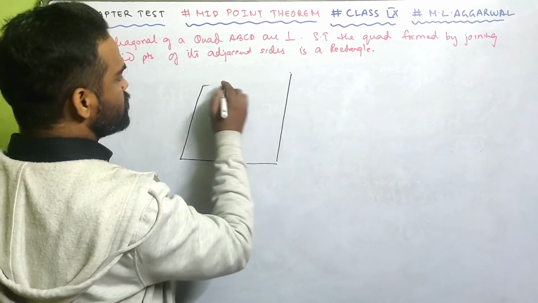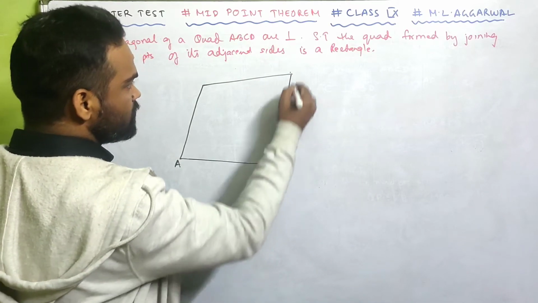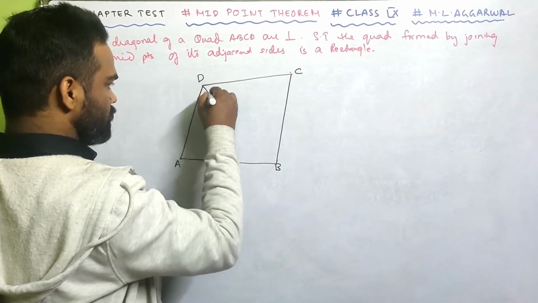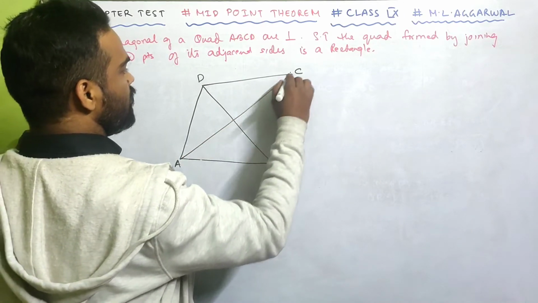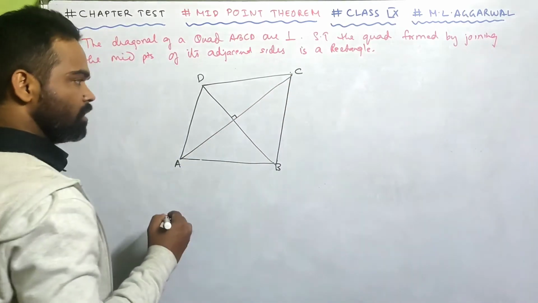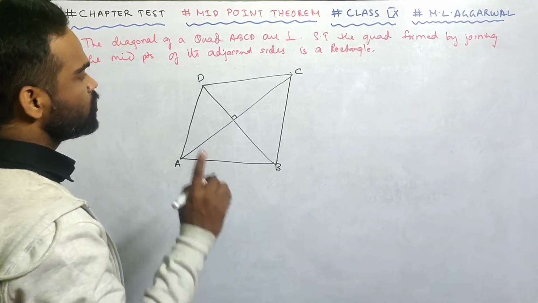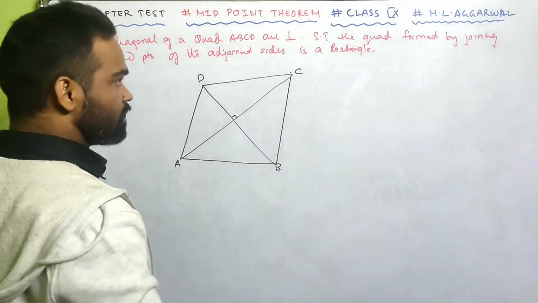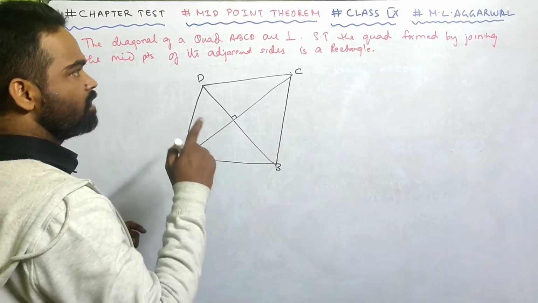Okay, this is my quadrilateral A, B, C, D with diagonals BD and AC which are perpendicular. The diagonals are perpendicular to each other.